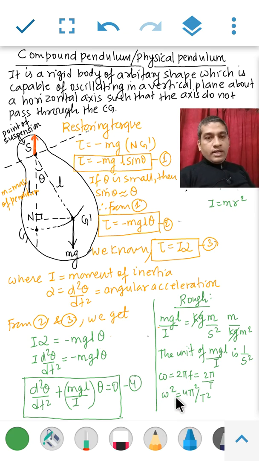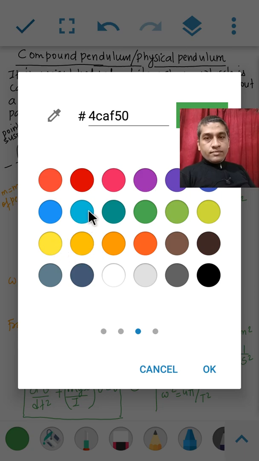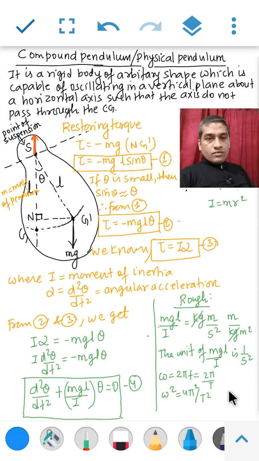Clear? So the unit of omega square is 1 by second square.